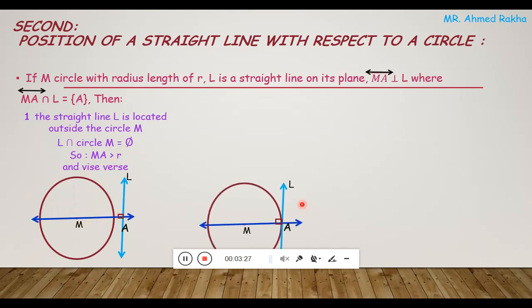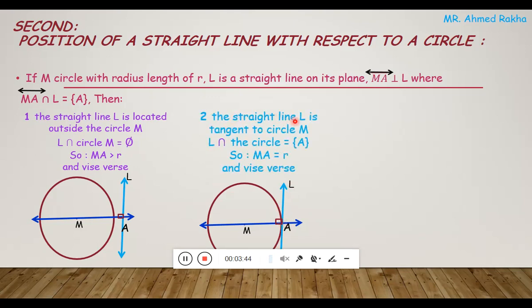In the second situation here, this straight line L becomes closer to the circle. It touches the circle only at one point, which we will name A. The straight line L is tangent to circle M. Here we have this word tangent.